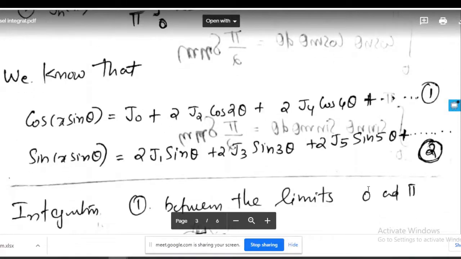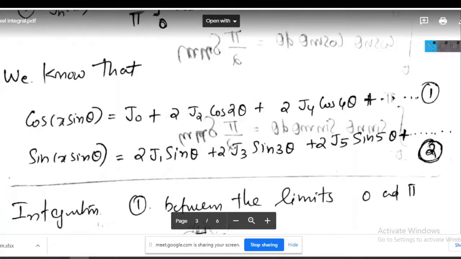We are multiplying this by sin n theta and integrating between the limits 0 and pi.